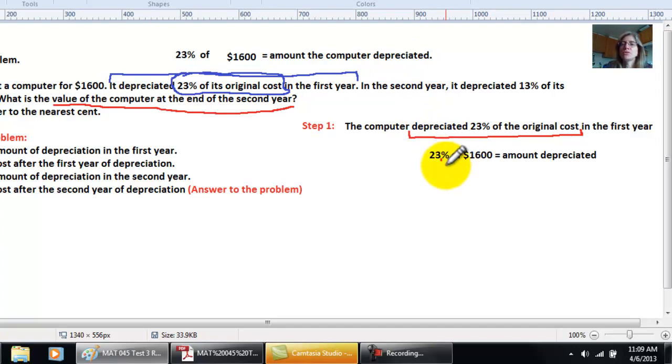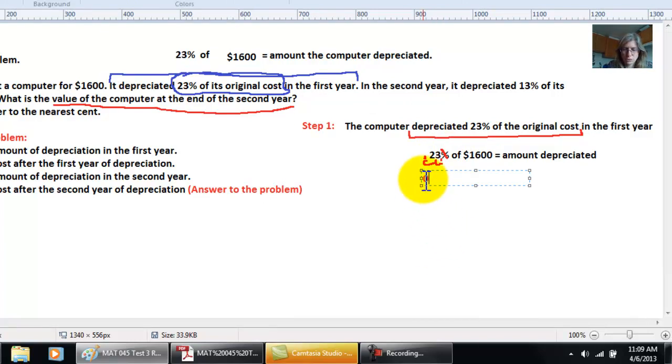Anytime you drop a percent sign, you're dividing by 100, which means you're moving the decimal 2 places to the left. That gives you 0.23. So 0.23 of 1,600 translates to multiplying 0.23 times 1,600, which will equal the amount depreciated.